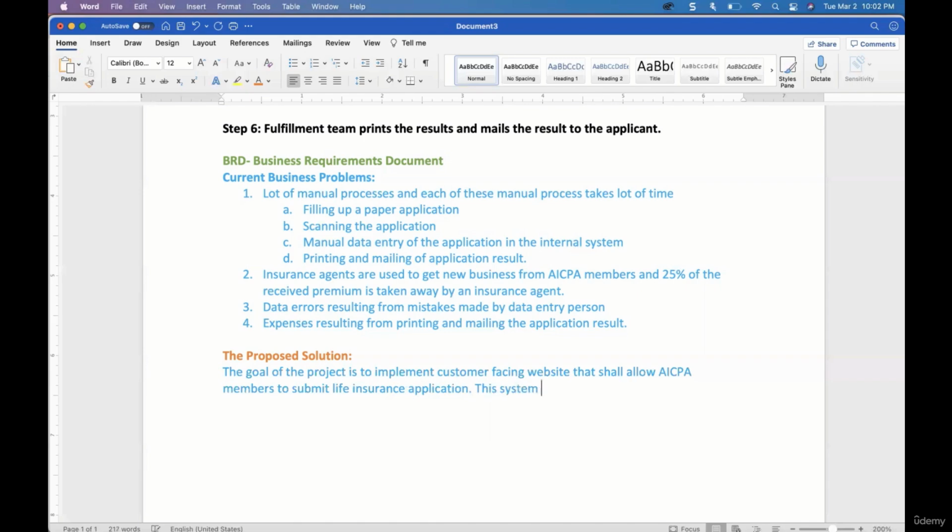This system will also allow the AICPA members to track the status of their application as well as allow them to pay insurance premiums. So this is the proposed solution.